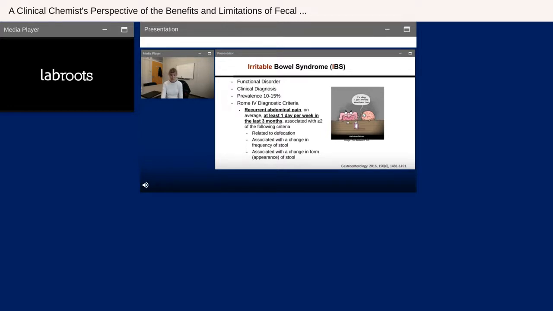And it's diagnosed by the Rome 4 diagnostic criteria, which is recurrent abdominal pain at least 1 day per week in the last 3 months, associated with at least 2 of the following criteria: related to defecation, associated with a stool change in frequency or in appearance.